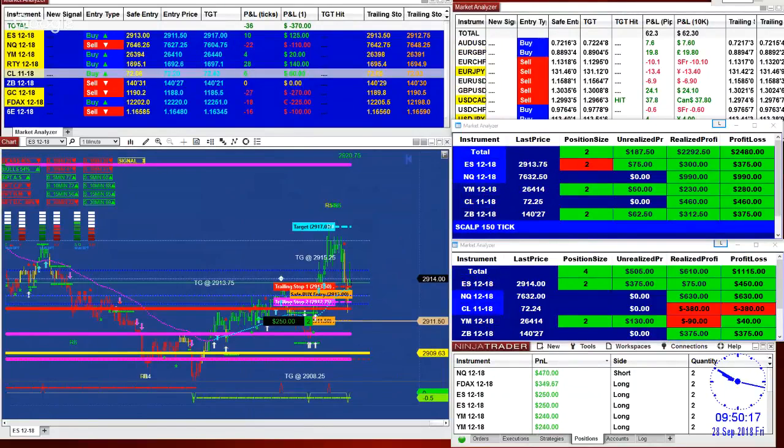We'll let you know that when the market gets stuck in those channels, it is very advisable to hold off on your trade, and we do that.